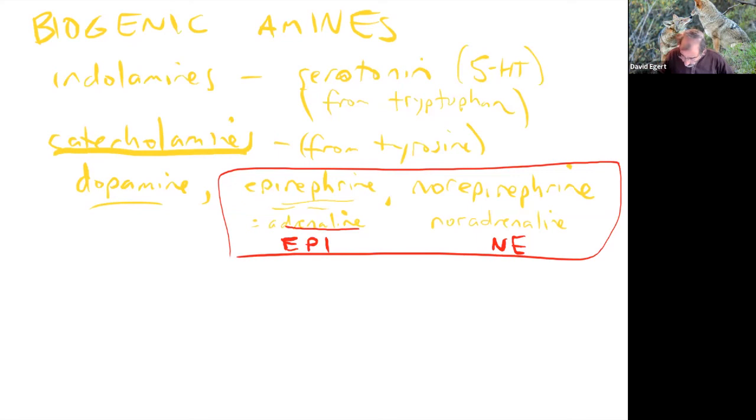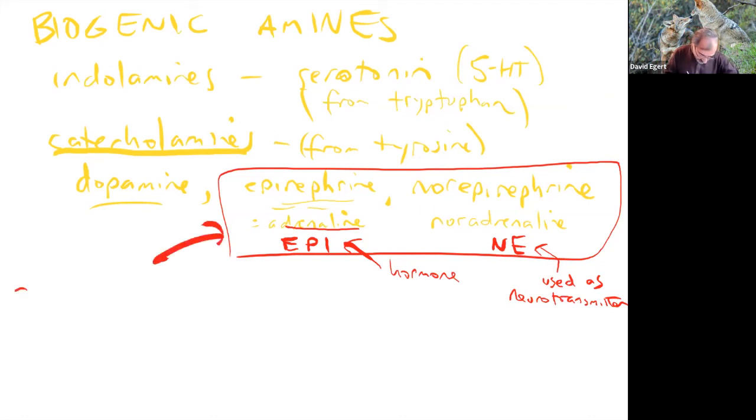In general, noradrenaline tends to be more used as a neurotransmitter in synapses, whereas epinephrine is more of a hormone dumped into the bloodstream and delivered that way. However, they often bind to the same receptors. Things that are associated with these are called, so the adjective here is, adrenergic.